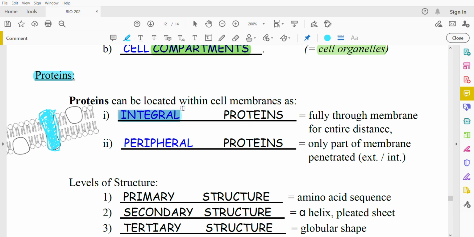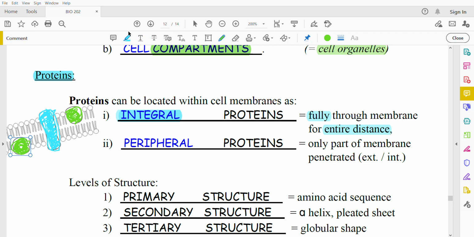So they go through fully the entire distance of the membrane. We can also have other kinds of proteins, these proteins that go through only partially to the plasma membrane. So these proteins are known as peripheral, since they don't go through the entire membrane.